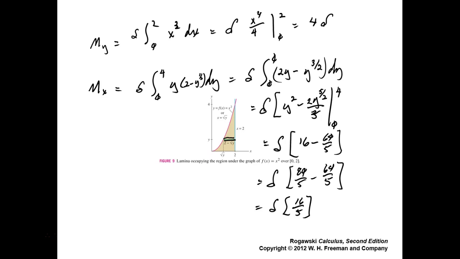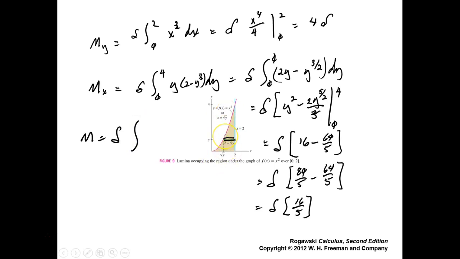One other piece of information we need before we can go to our center of mass, the x and y coordinates. Basically, you got your numerators. What's going to go in the denominator? The total mass. So the total mass is your delta, as always, times, and let's go back to the easy one.